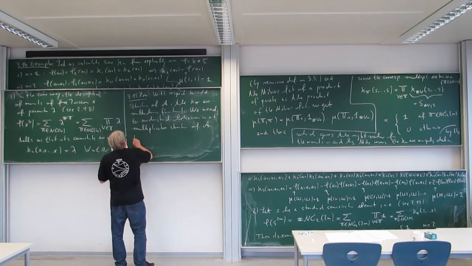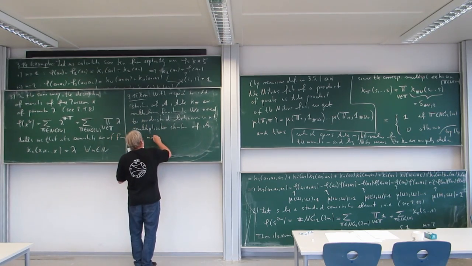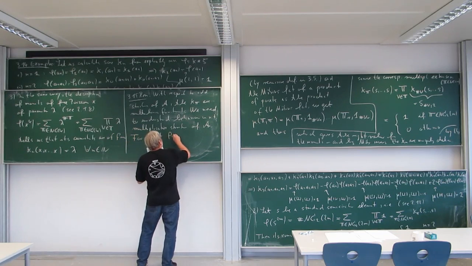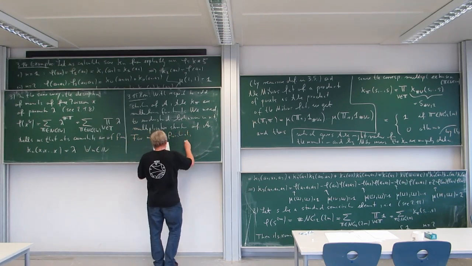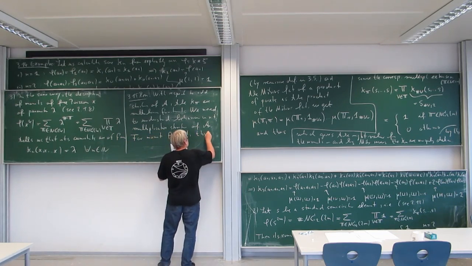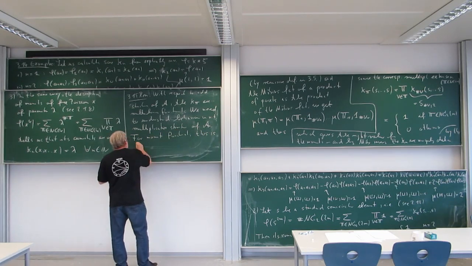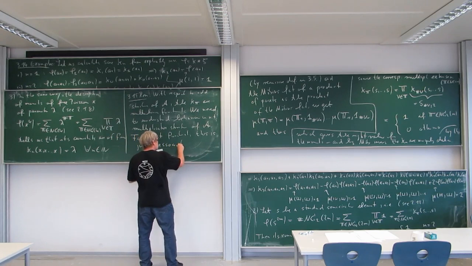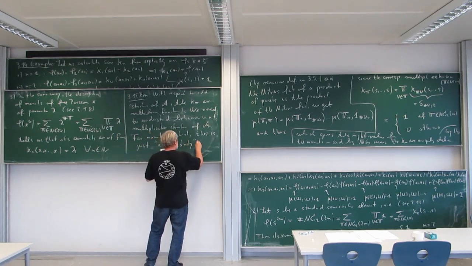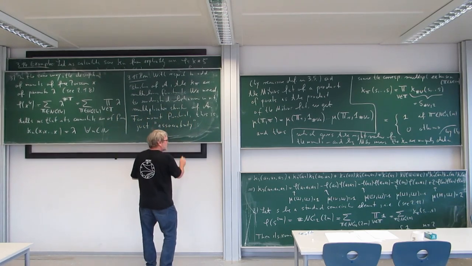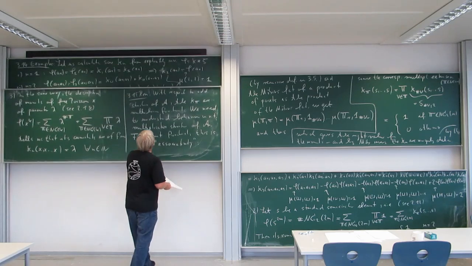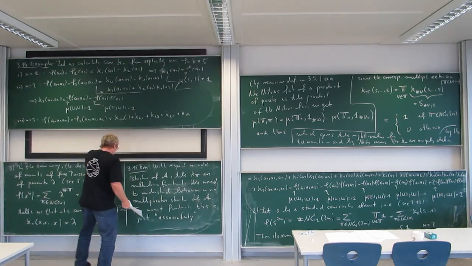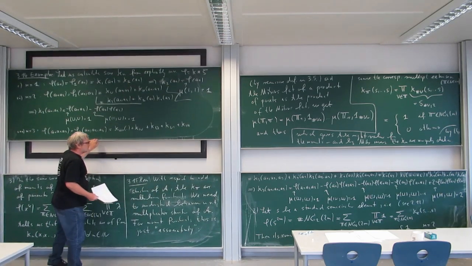So for the moment functionals, this is just associativity. What I really mean is this example.